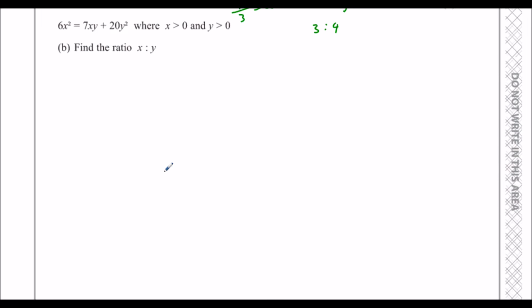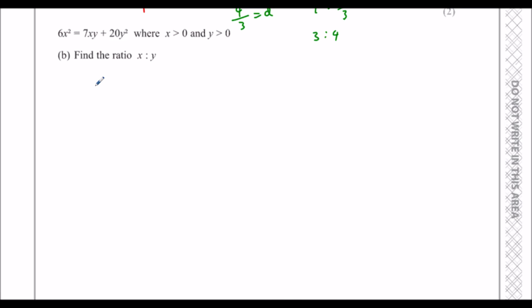Part B, so we've got 6x squared equals 7xy plus 20y squared, where x is bigger than 0 and y is bigger than 0. Find the ratio of x to y. So again, like the last question, we kind of want to solve this, but it looks quite complicated.